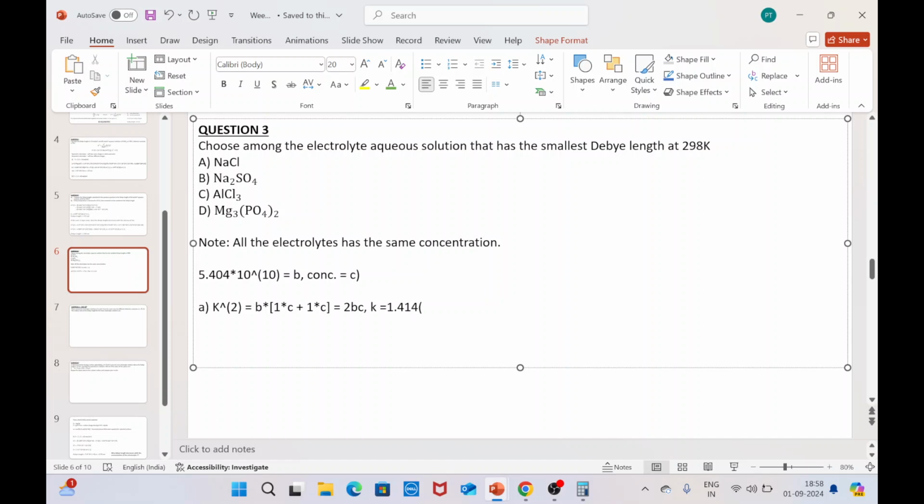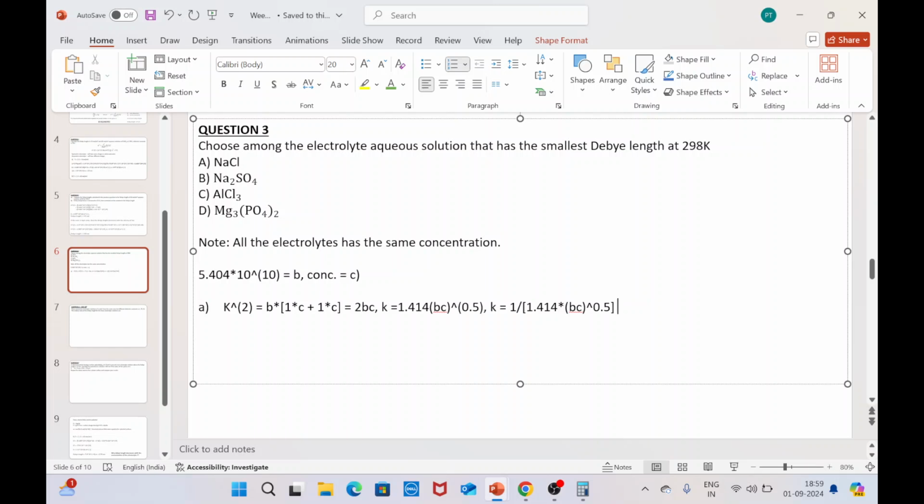So kappa will be root 2 bc, or 1.414 bc power 0.5. So the Debye length will be 1 by 1.414 times bc whole power minus 0.5.